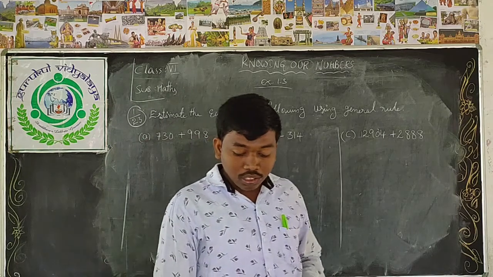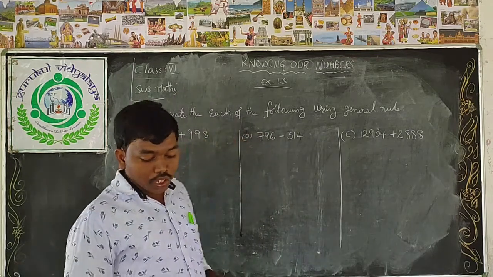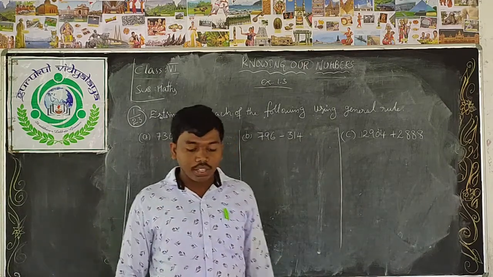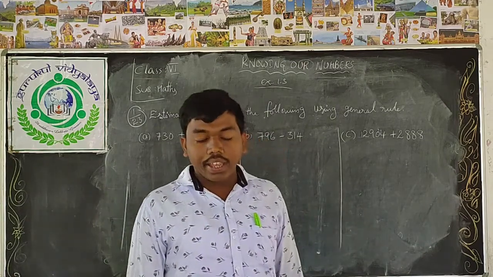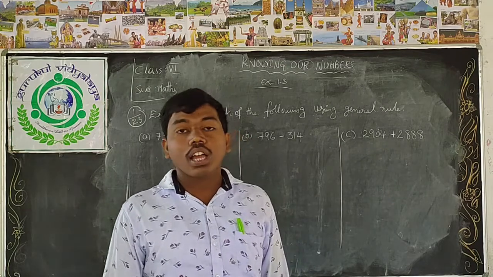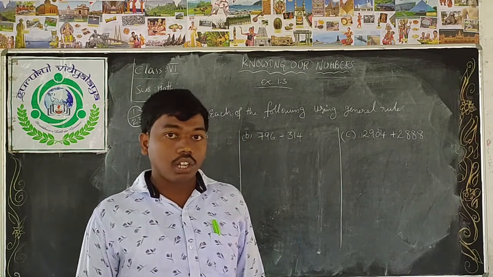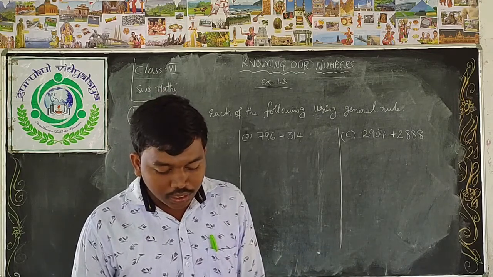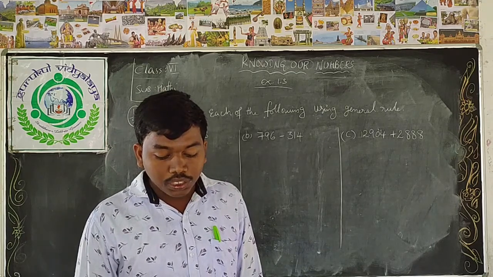I will read now. Estimate each of the following using the general rule. Estimate is nothing but rounding of the numbers. See, children, here it says using the general rule.